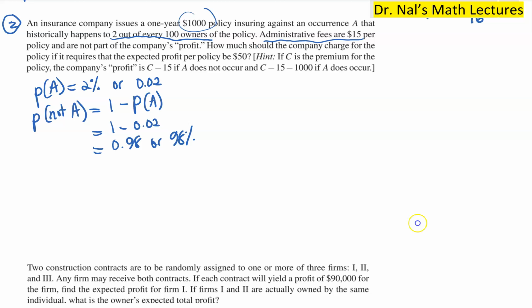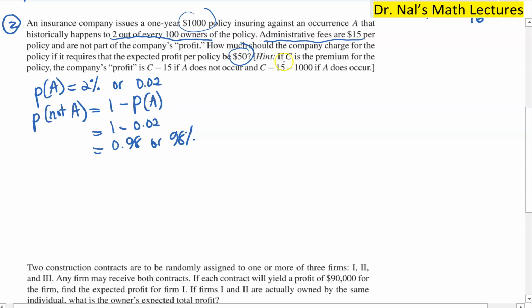Now the question says, how much should the company charge for the policy if it requires that the expected profit be $50 per policy? So the insurance company wants to make on average $50 for each policy that it sells. So why don't we just make that $50 profit equal to the expected earnings?